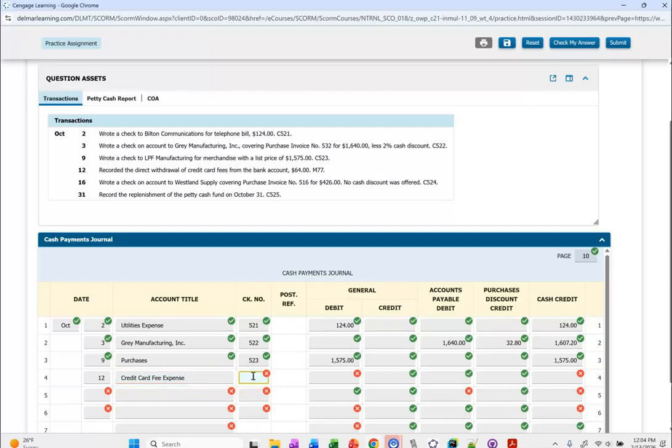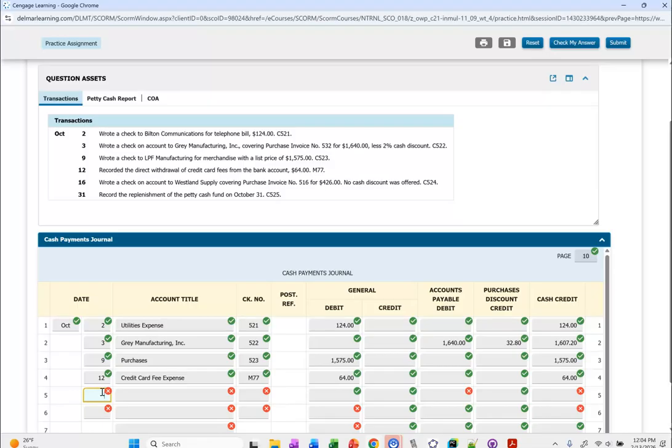And we used M77, that was a memorandum apparently. It's not a check.